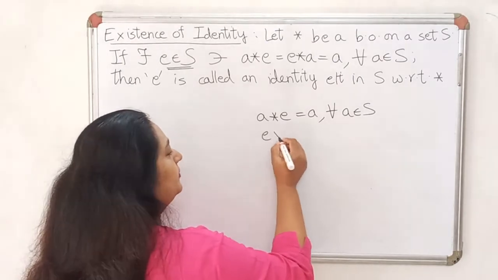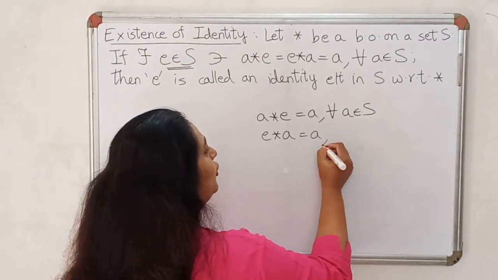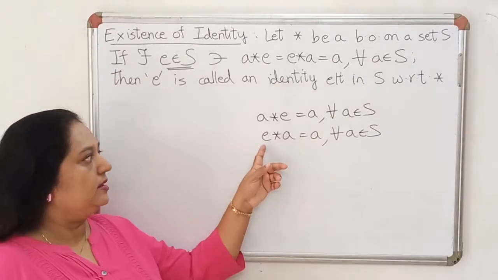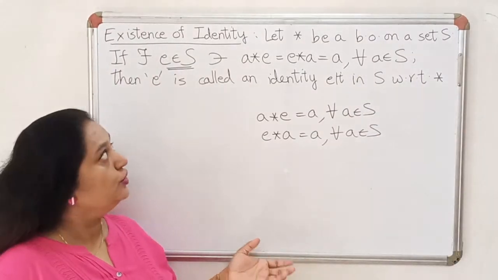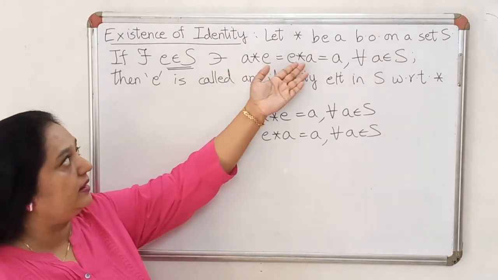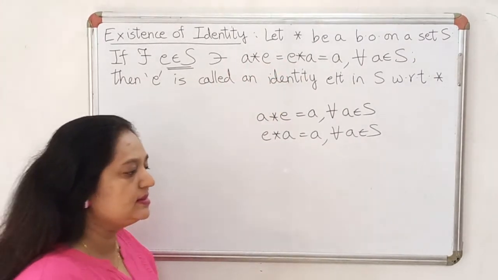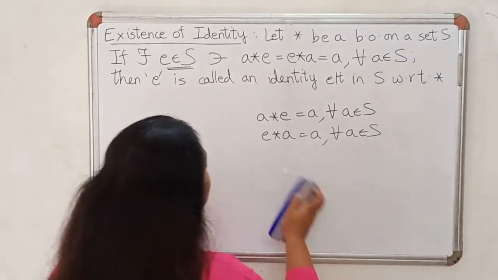And if only this second equation is satisfied, then this is called a left identity. So basically, an identity is going to be both a left identity as well as a right identity.